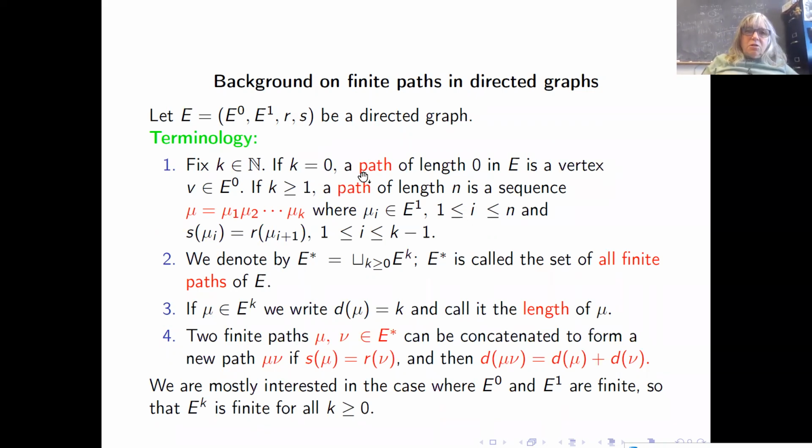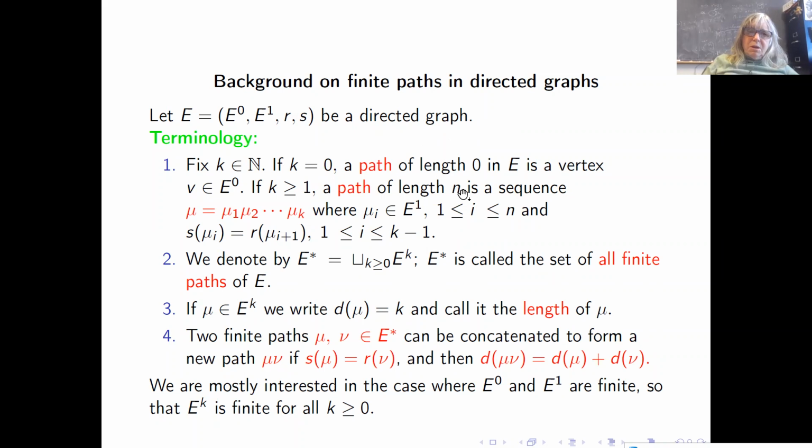Okay. So a bit of terminology here. I'm going to talk about finite paths and later infinite paths. So if we have a directed graph, a path of length 0 is just a vertex, and it's labeled in E0. And then a path of length n is a sequence mu equal mu1 through mu n.